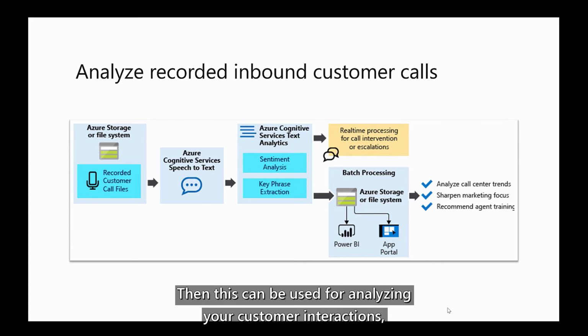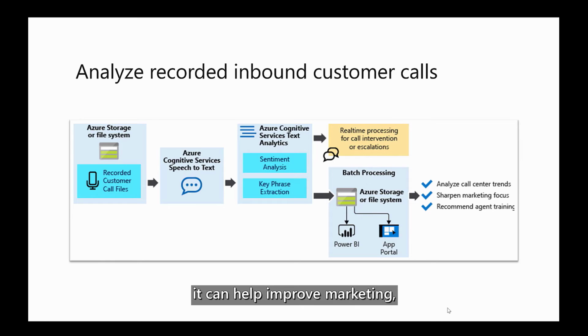And then this can be used for analyzing your customer interactions, right? It can help improve marketing, it can help improve agent training, also look at the trends, what kind of problems are happening, and also the satisfaction level, right?